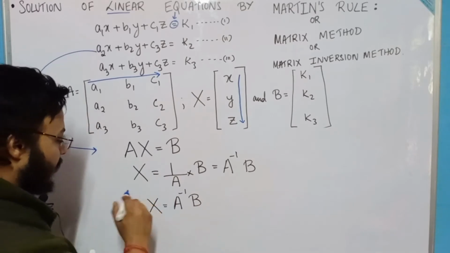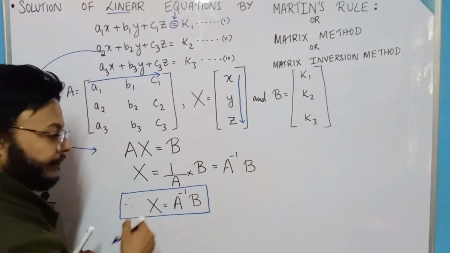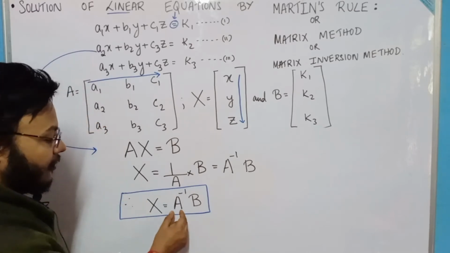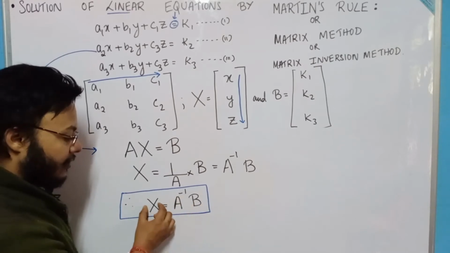So what you have to do is find the A inverse value, then multiply with B, and whatever value you get will be the answer.